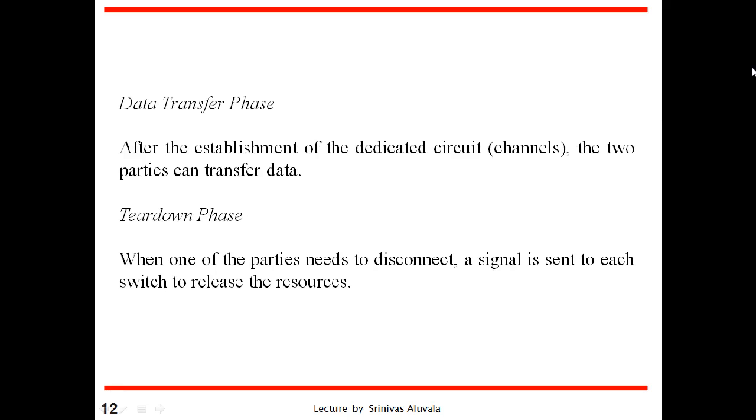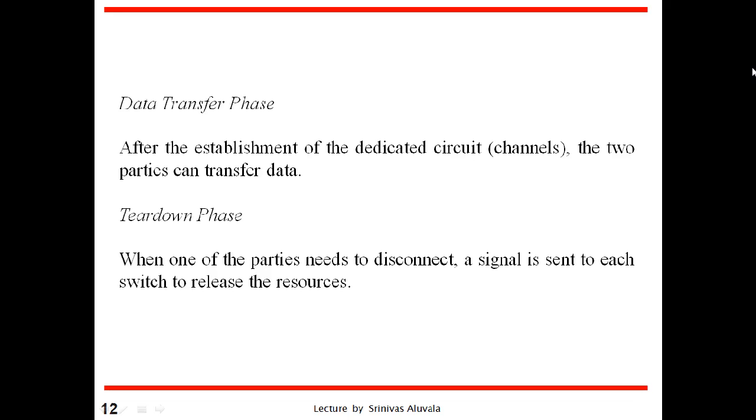As soon as a dedicated channel is established from the sender to the receiver, the data transfer takes place. This is what we call the data transfer phase. After the establishment of the dedicated path, the two parties, that is the two end systems, can transfer data among themselves.